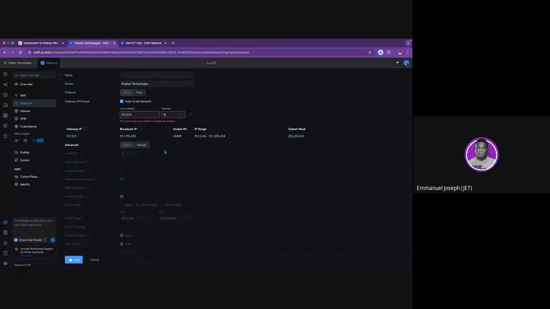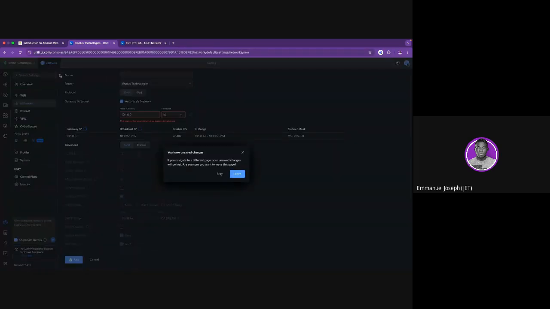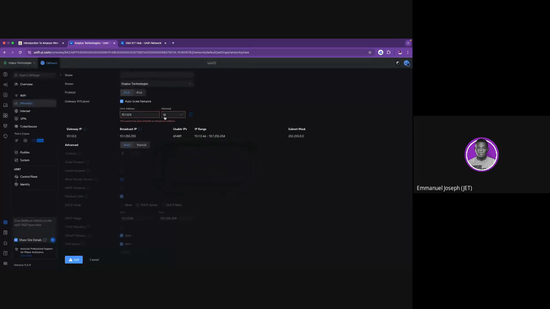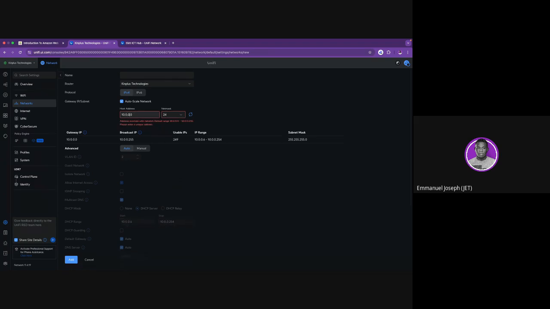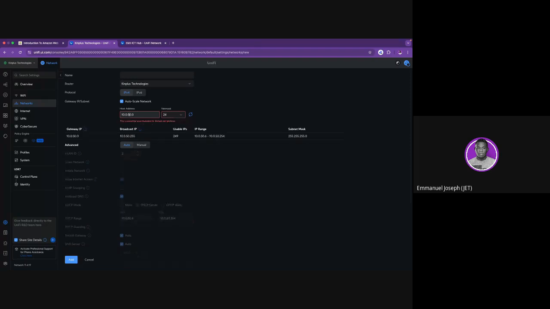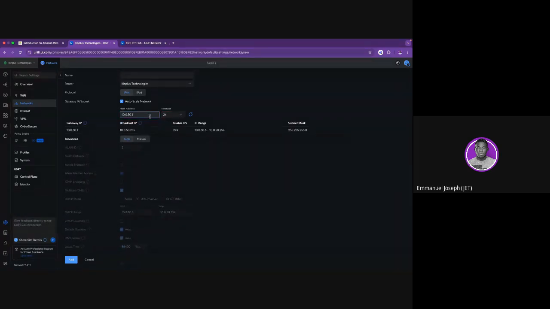This will not work because this has been configured to use... So only /24 is going to be available for us. That /24, we have to make it work with the host. So this one can be 50, so /24. So this is one that will work here.